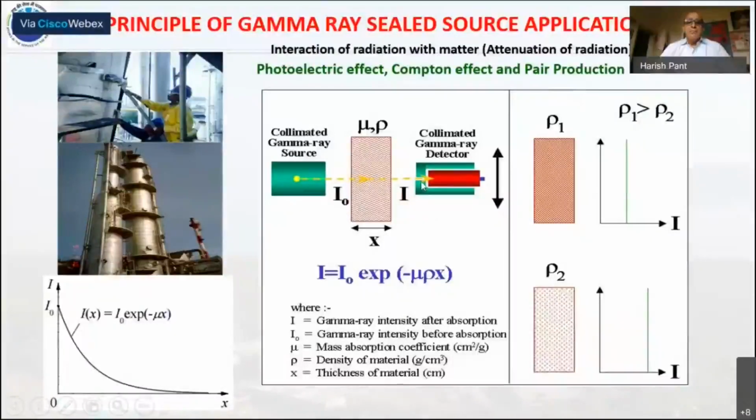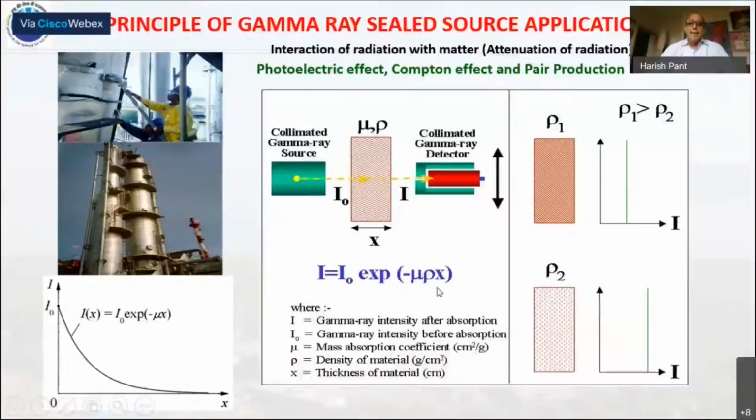Now, this transmission or attenuation of gamma rays follows this law: I equals I0 e to the power minus rho mu x. Mu is the mass absorption coefficient, that is the absorption coefficient per unit mass of the material.